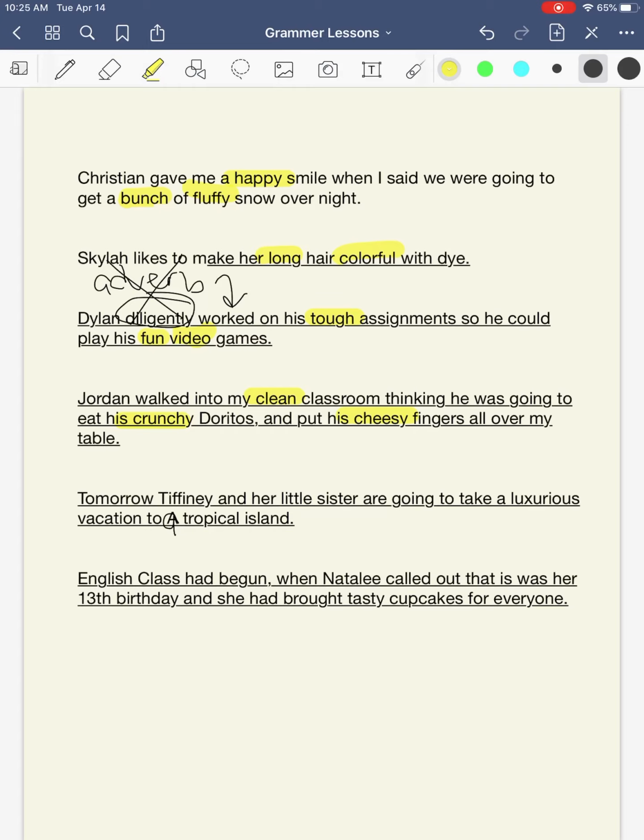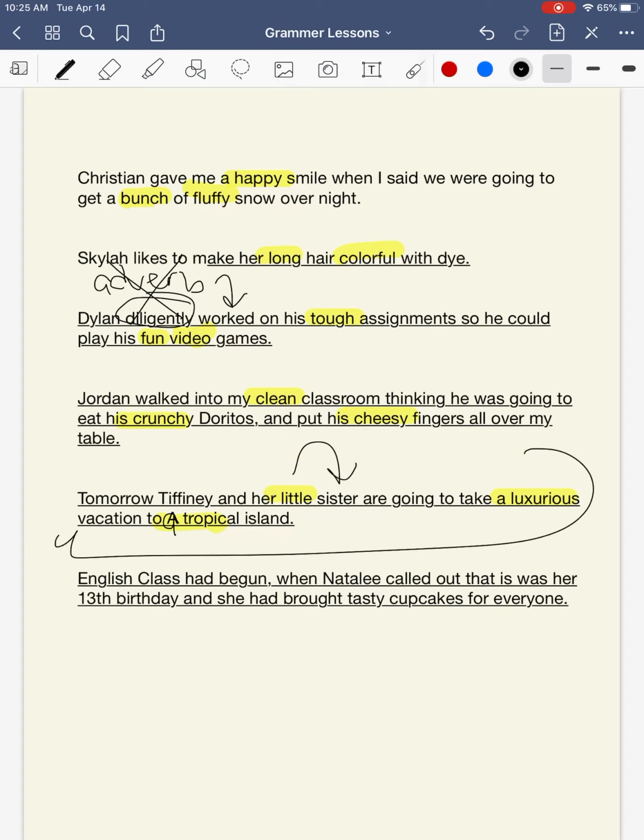Tell somebody next to you the 3 adjectives. Tomorrow, Tiffany and her little sister are going to take a luxurious vacation to a tropical island. All right, the 3 here are little, luxurious, and tropical. Little describes sister, luxurious describes vacation, and tropical describes the island.